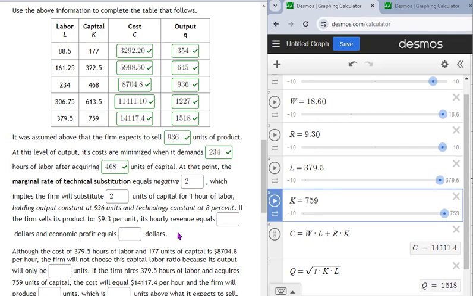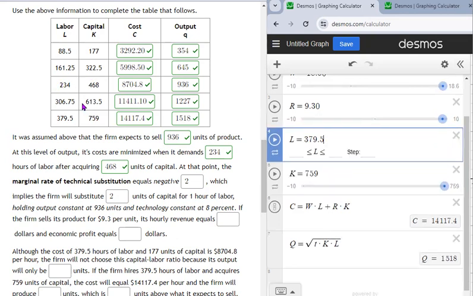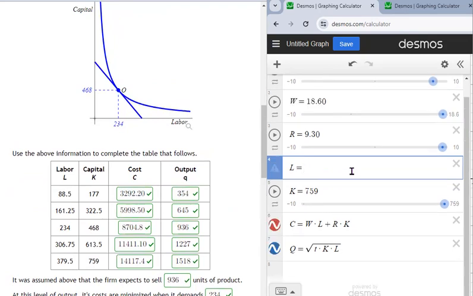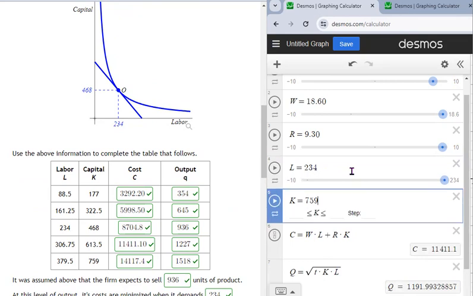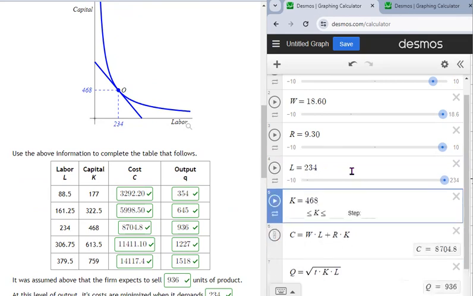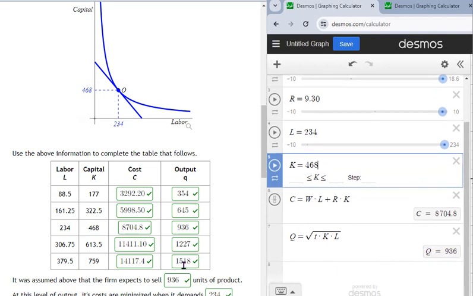Now, if the firm sells its product at $9.30 per unit, right, its hourly revenue is going to be equal to what? Let me reset the labor to 234 here, right? Labor is actually 234. We're in the third row of our table. Capital is equal to 468. Our costs are $8,704.80 per hour. We're producing 936 units per hour, right?